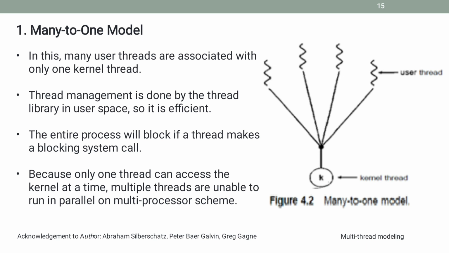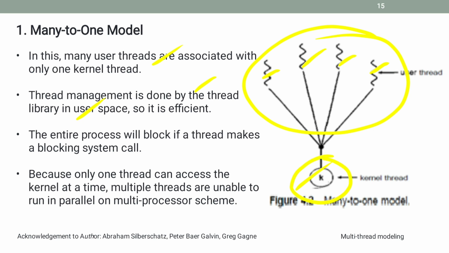In the many-to-one model, many user threads are associated with one kernel thread. Thread management is done by the thread library in user space. So the user will have created these user threads. He will create a single kernel thread. He will manage these threads, the relationship between the two, through library functions.